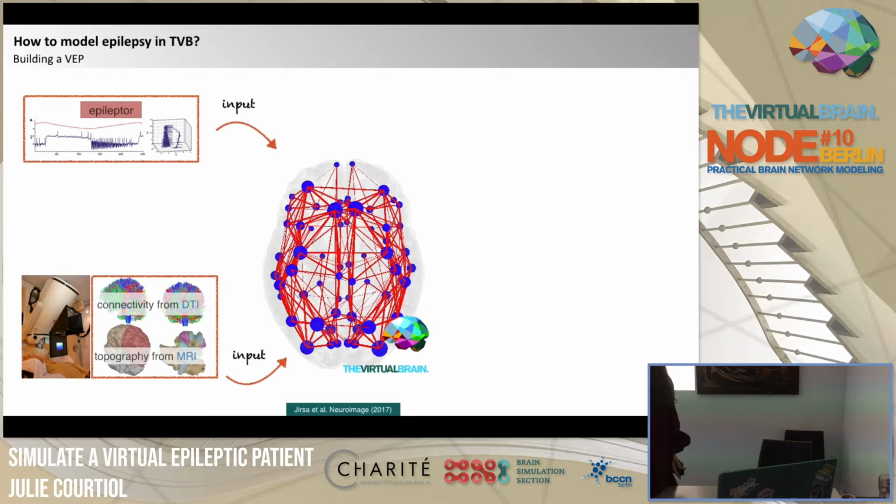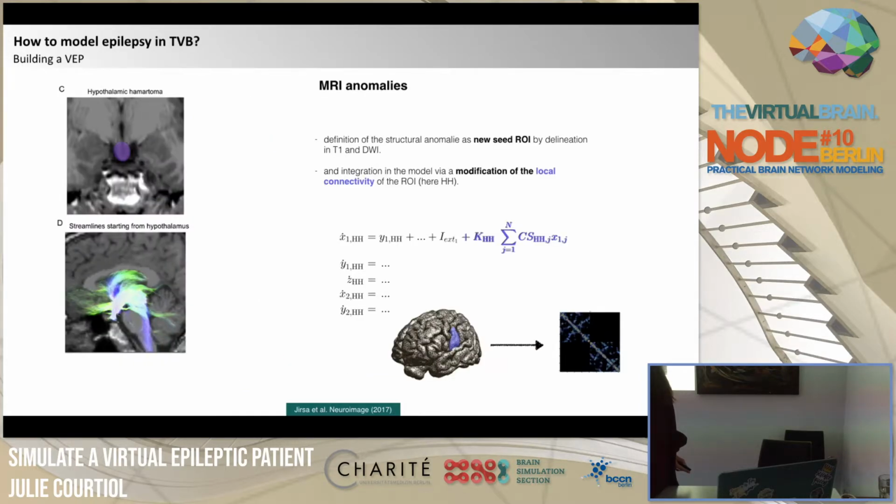So once we have the brain of our patients, we have chosen a neural mass model to reproduce the epileptic activity. We can refine the network of the patient by including the clinical hypothesis found during the pre-surgical evaluations. So for this example, the patient had a hypothalamic hamartoma, which is a neural mass attached to the hypothalamus.